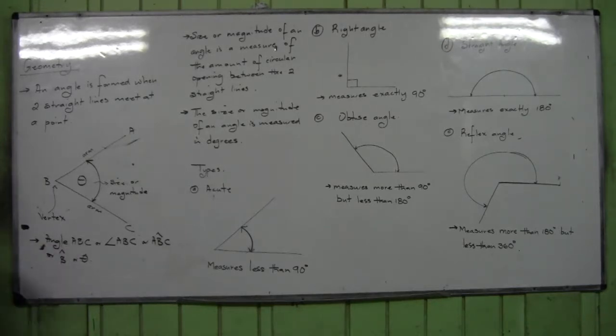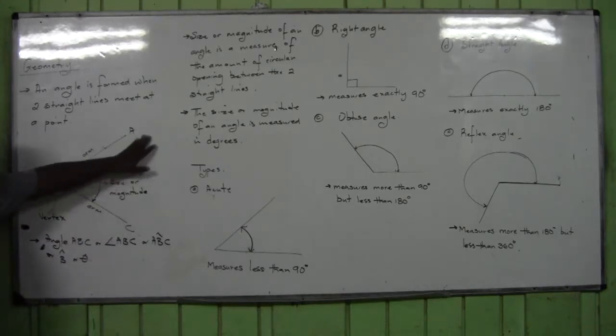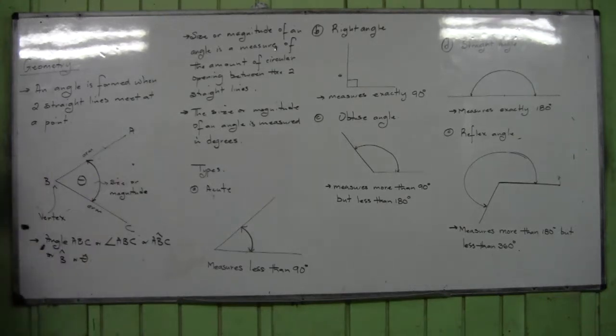To reference an angle, sometimes we use three letters. Whenever three letters are used to reference an angle, the vertex is always at the letter in the middle.